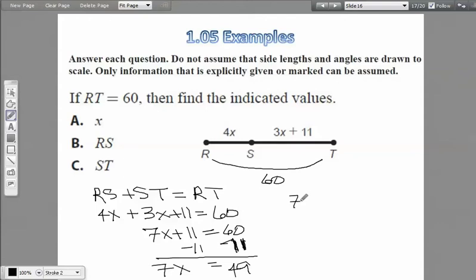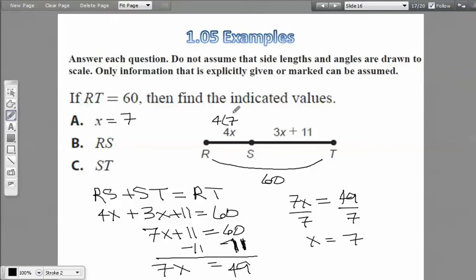So I'm going to just rewrite this over here. 7x equals 49. Y'all know you got to divide both sides by 7 to get that x all by itself. So x is going to equal 7. They want to know what RS is.